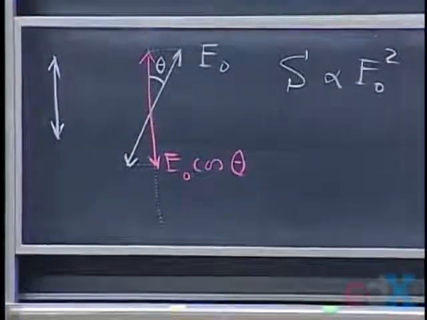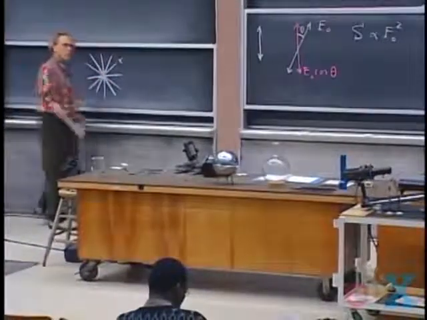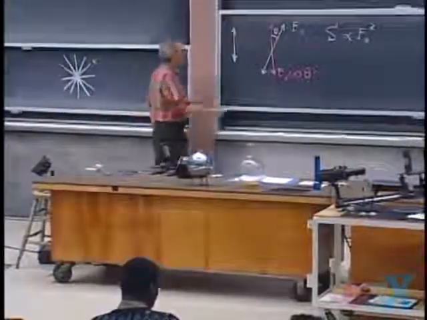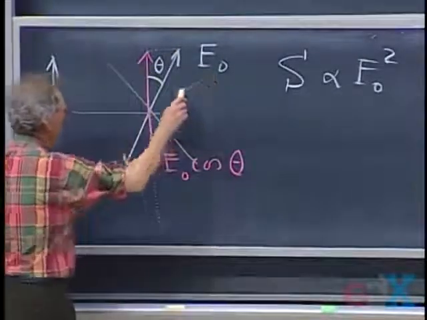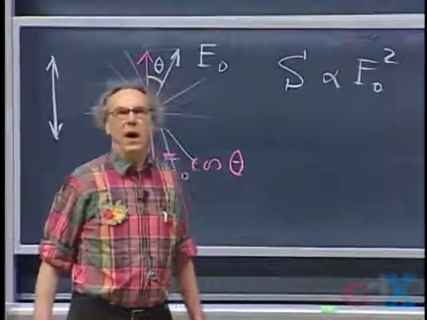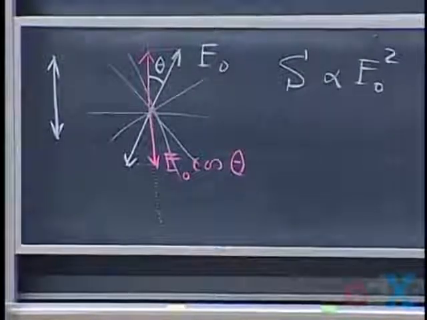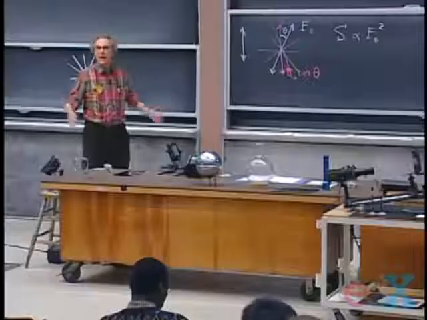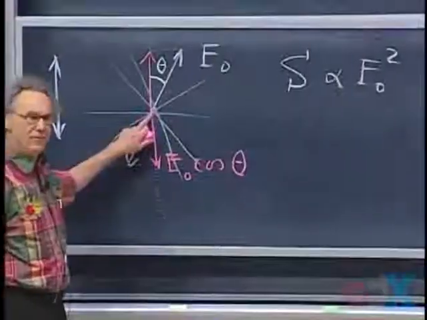If now I average over all incoming photons, so I take all of these, which represent an unpolarized beam, so I get not only one like so, but I get one like so, and one like so, and one like so, then clearly I have to calculate now the mean value of cosine squared theta. And the mean value of cosine squared theta is 1/2.